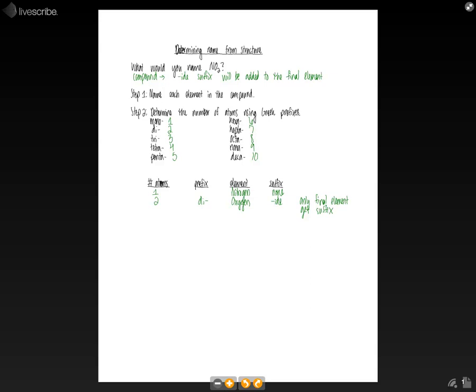Because we only have 1 atom, and nitrogen is the first element in our name, we will not have a prefix. And the reason for this is because we do not include mono as a prefix when we're naming our first element.